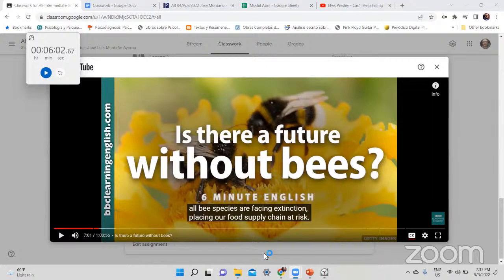The bees need... ¿cómo se diría? Cómodo, teacher.